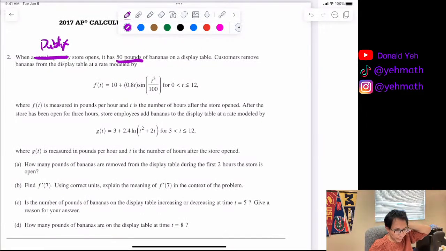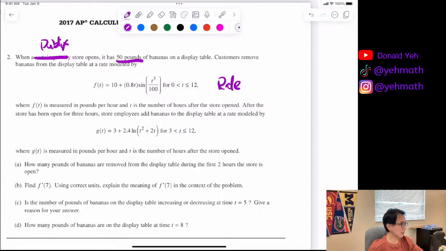Okay, so customers remove bananas from the display table at a rate. So this is the rate. In terms of velocity, this is like a velocity. If you integrate a velocity, it gives you total distance traveled.